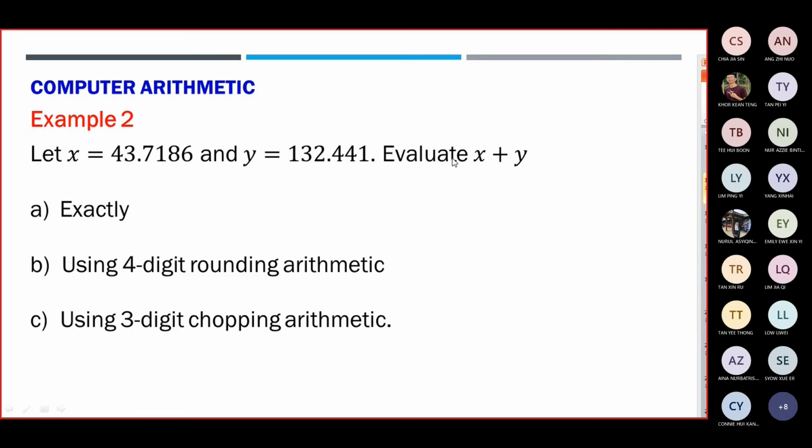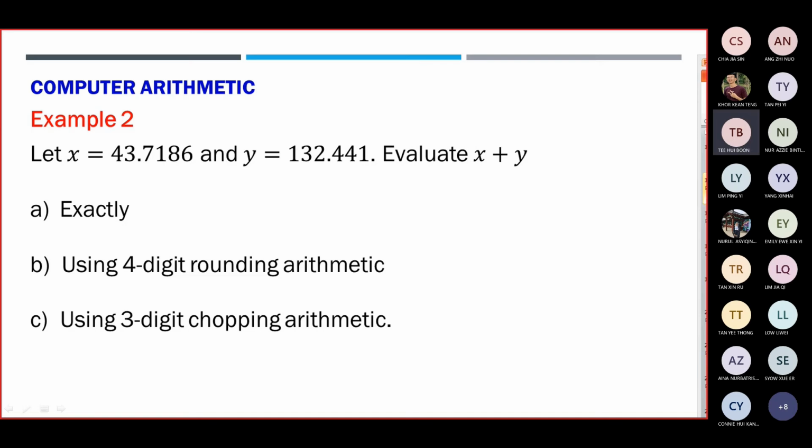Now first you need to evaluate the exact value of x plus y. What does that mean, exactly? Anybody want to try? Boon? Yes, doctor.